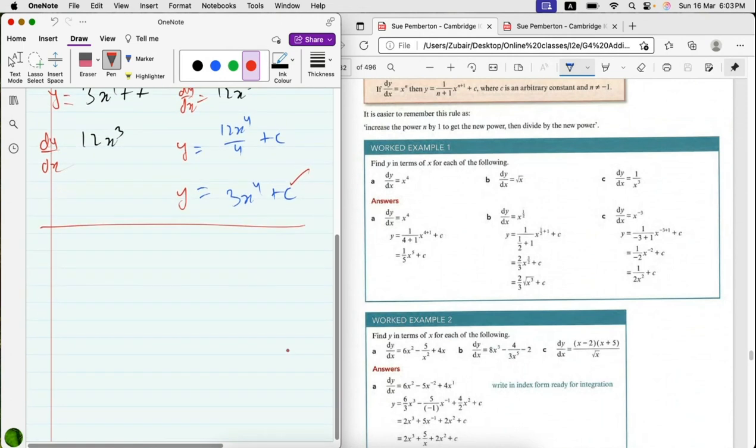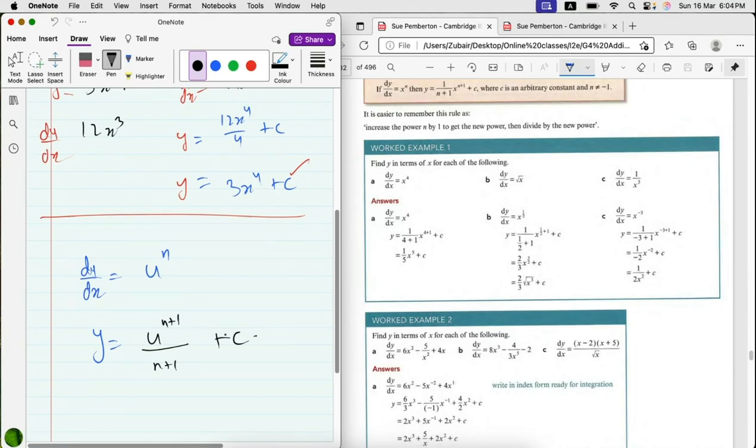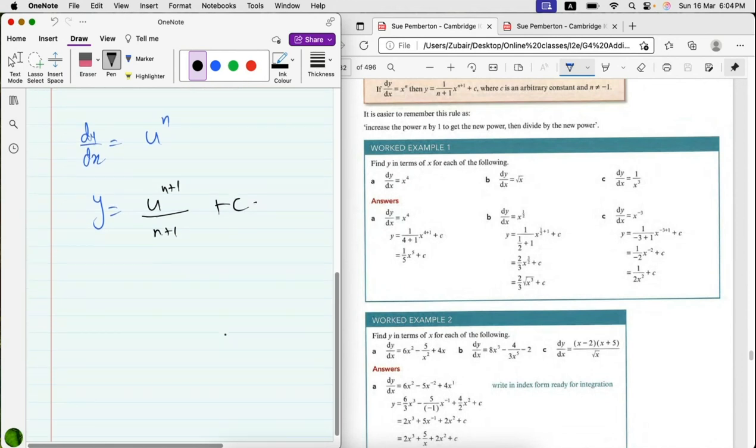So basically, in general terms, if we have dy by dx equal to something raised to power n, the equation will be add 1 to power and then divide by new power plus c. There's definitely more to it, as there was in differentiation, where we had one type of equation, how to differentiate that simple equation, then multiplicative, quotient rule, and so on.